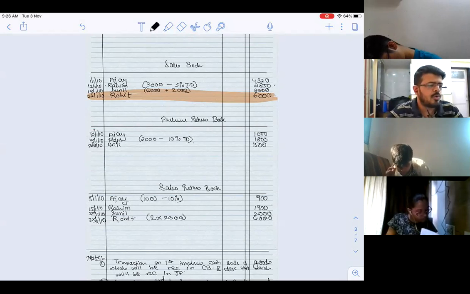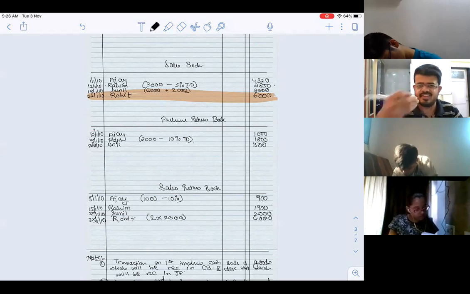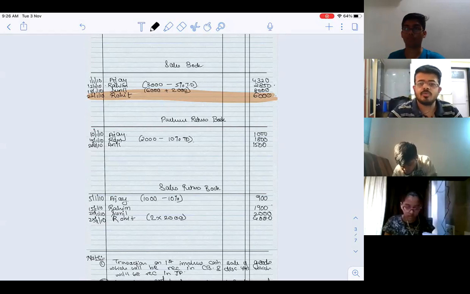And Mohit received a debit note for 1 packet. How will Mohit receive a debit note if he sent a debit note? So that is what?